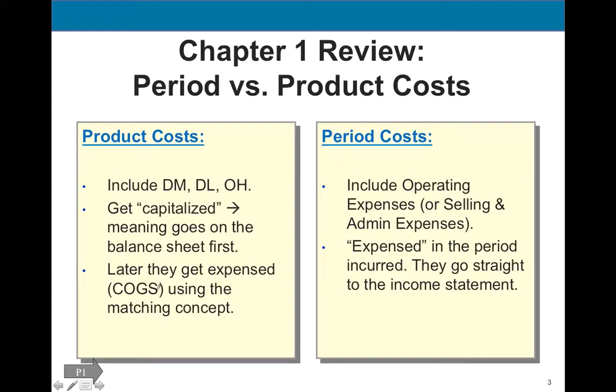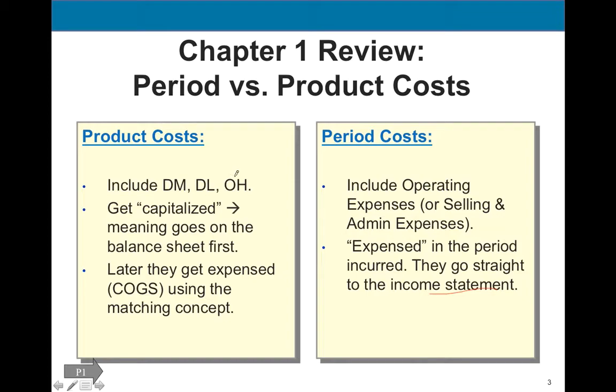What is not sold stays in inventory. We capitalize them, so these costs will stay in the inventory on the balance sheet until the items are sold. Period costs include selling and administrative expenses, and we expense them out. All of them go straight to the income statement.